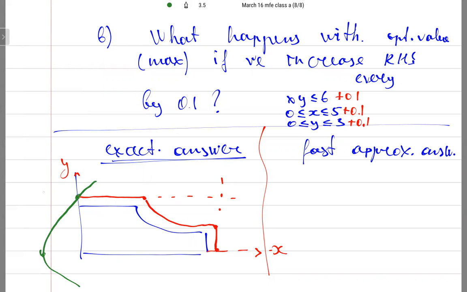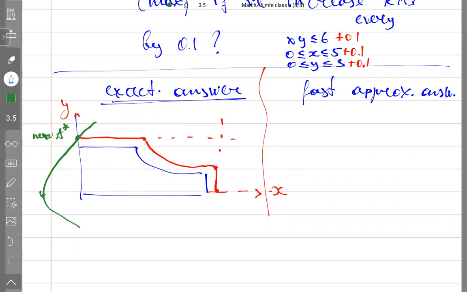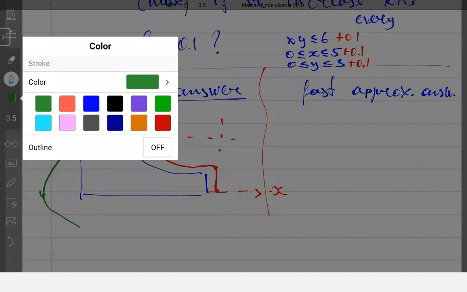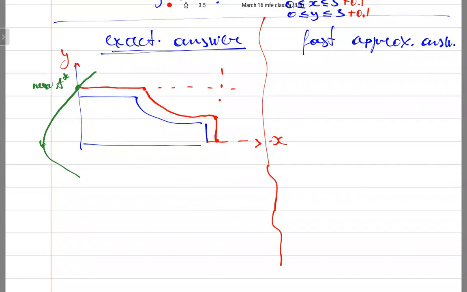This is the position of the new A star. If we like an exact answer, that can be obtained in this case, we can go with the exact answer.